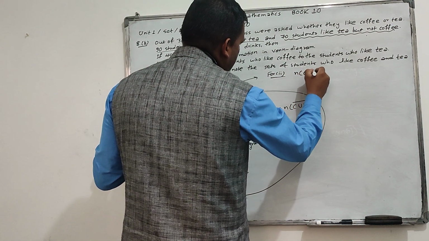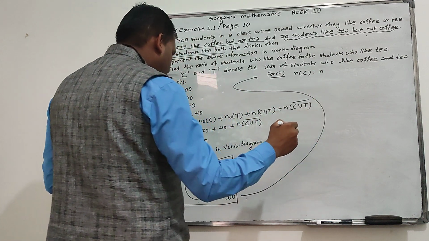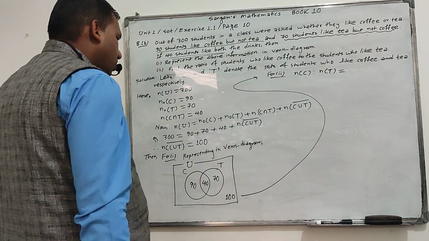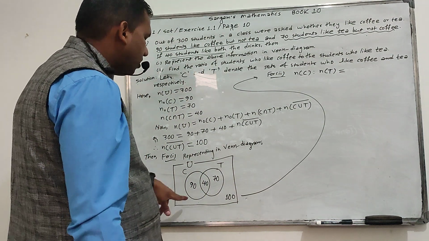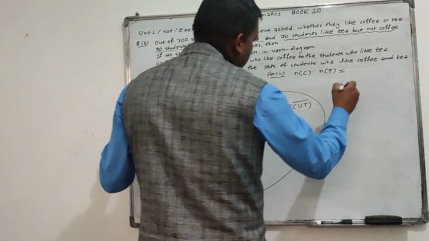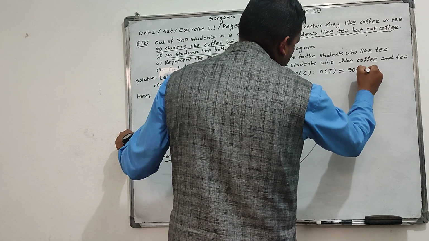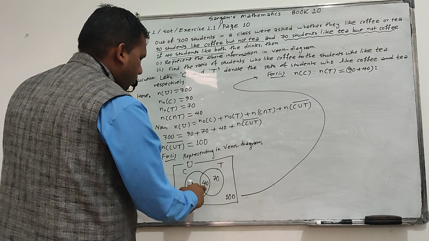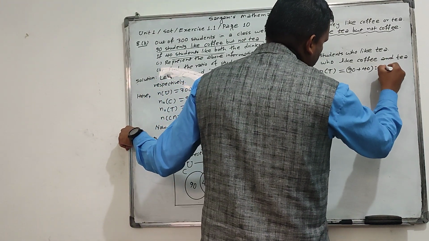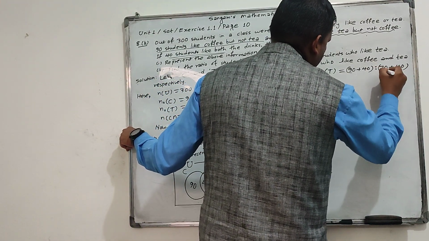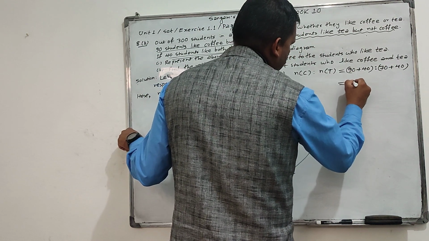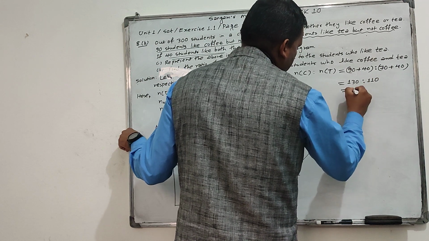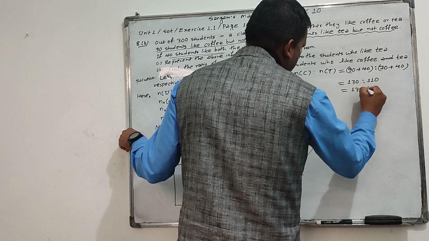Number of C is to number of T equals number of C, that is 90 plus 40 from the Venn diagram, is to number of T, 70 plus 40 from the Venn diagram. 130 is to 110, equal to 13 is to 11.